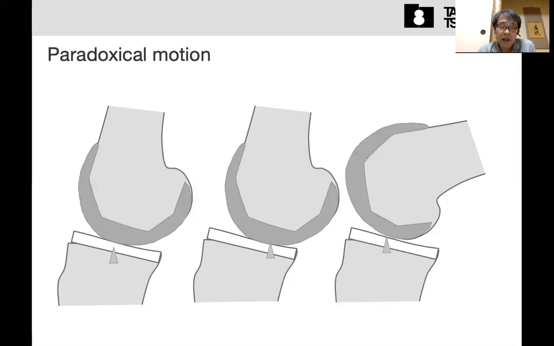So this is the anterior movement phase and then it goes back. So this is another cause of the limited motion.